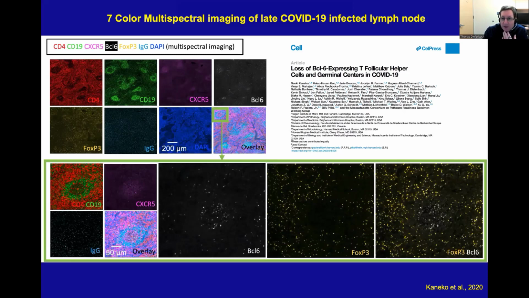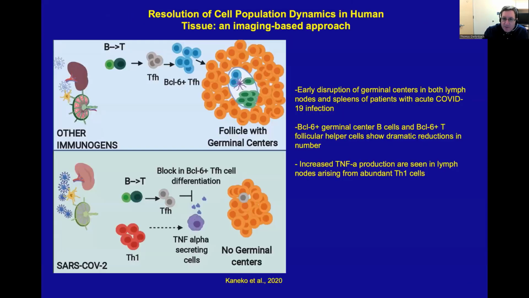And so we undertook a study, and this was a Cell paper, that looked at the distribution of B and T cells in germinal centers in these COVID-19 patients. What happened is, with this germinal center disruption, there was a reduction in the number of BCL6 positive B cells as well as T follicular helper cells. And that was accompanied by an increase in TNF-alpha production.